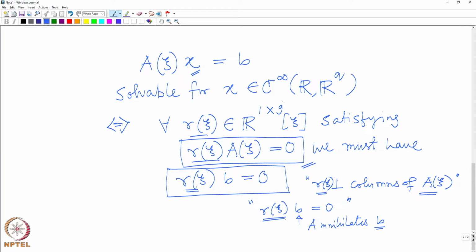So, roughly speaking, B as a trajectory is orthogonal to things that are orthogonal to the image of A, which means B must belong to the image of A's orthogonal complement's complement, which means this is equal to the image of A.